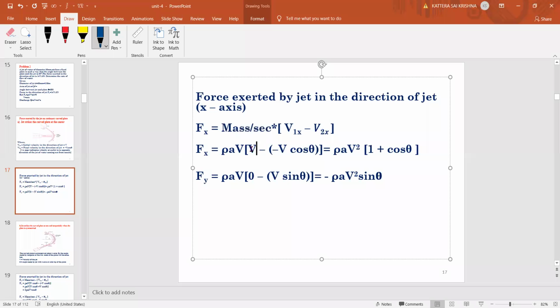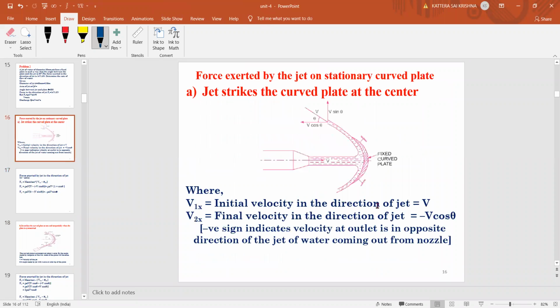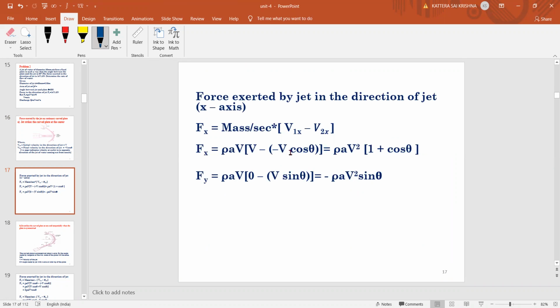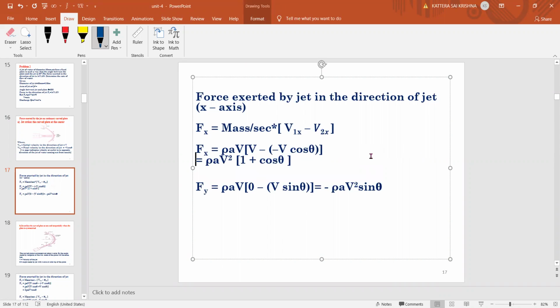Initial velocity is v minus final velocity, which is minus v cos theta. So it becomes v minus of minus v cos theta. So what you'll get is v plus v cos theta. So v is common from both. So rho a v into v becomes rho a v square into the remaining terms, 1 plus cos theta. So if you want, I can write one more term here.